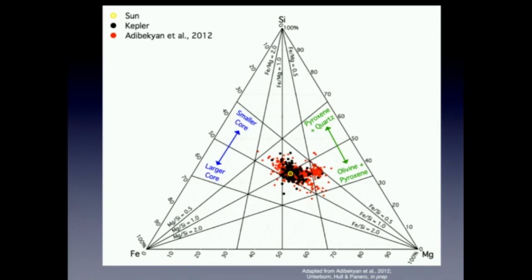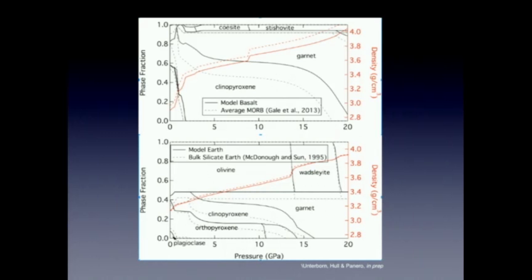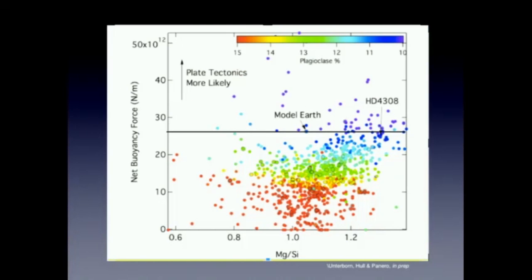So we need to melt everything and get an idea of what the basaltic crust is, and then make the phase diagrams. Here is your basalt phase diagram for our Earth model, again benchmarking to the Earth. You integrate the differences in density down at whatever depth you want, and you can calculate a buoyancy force. These are preliminary results.